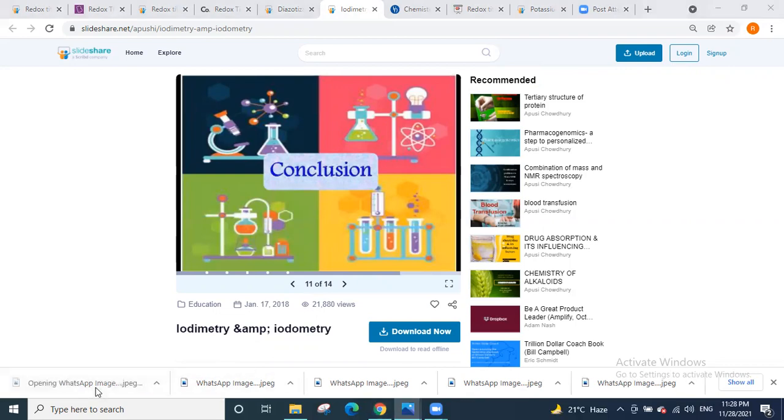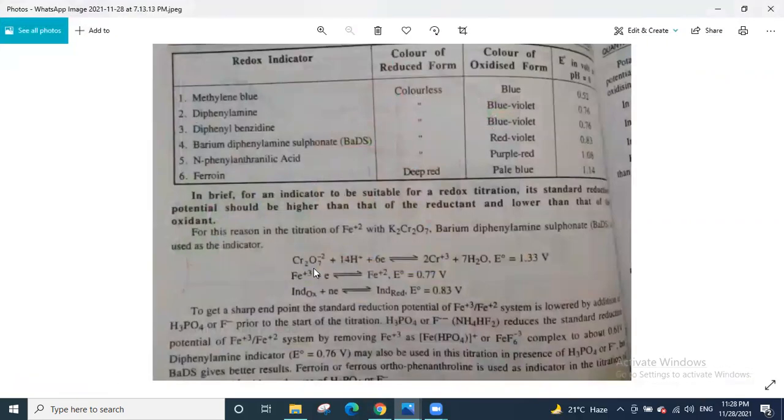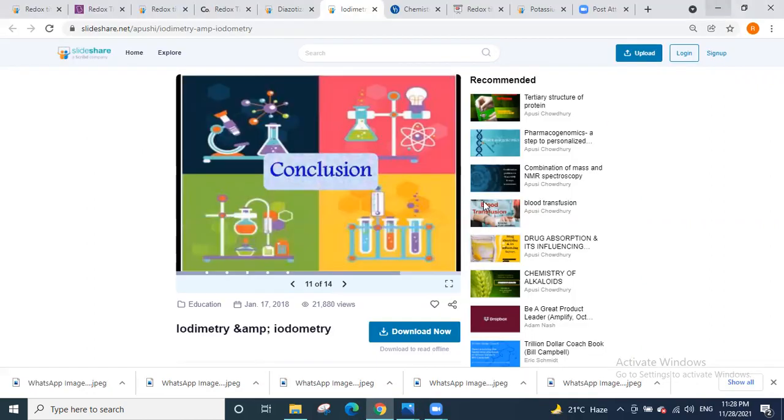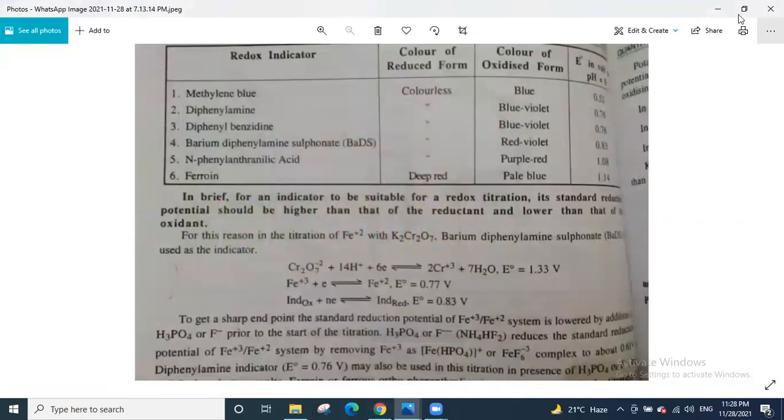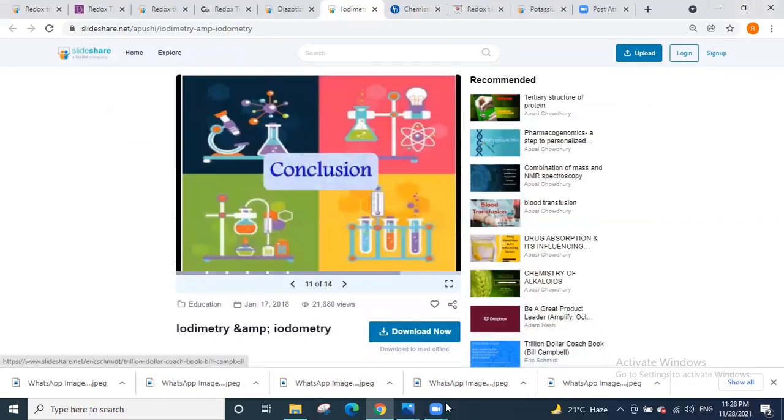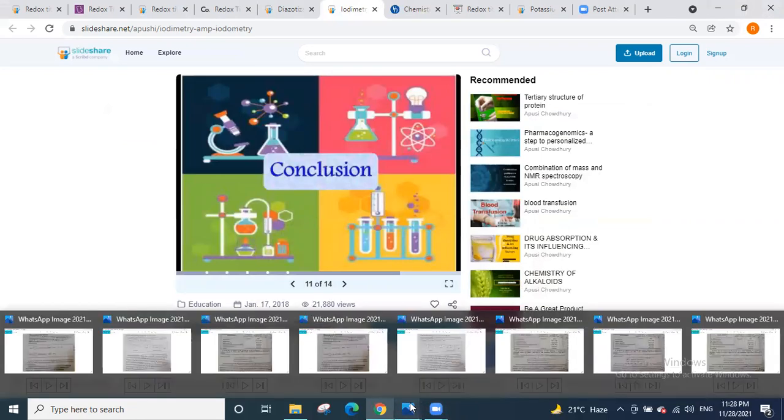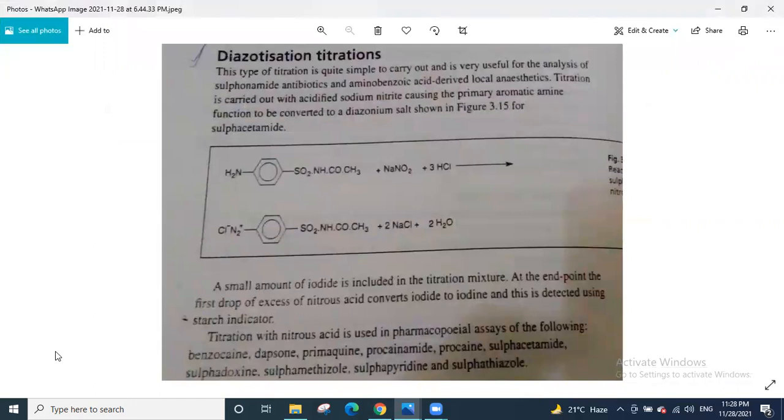One thing I also want to discuss in continuity with iodometry is another type of reaction that also takes place with iodine, that is diazotization titration.